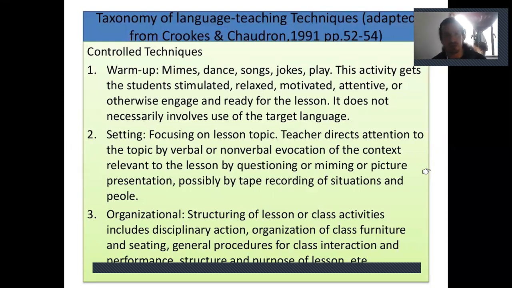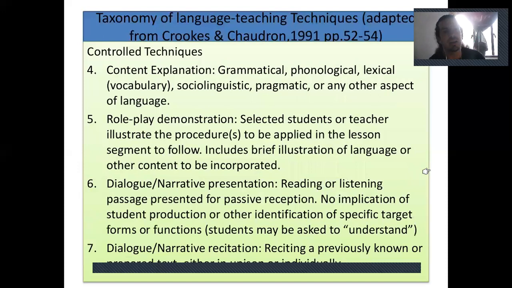Okay, in terms of this, we're going to take into account these control techniques. So for example, number one, a warming up activity. Number two, the setting. Number three, the organizational issue. Then the content explanation. Then the demonstration, if you're going to use, for example, a role play.